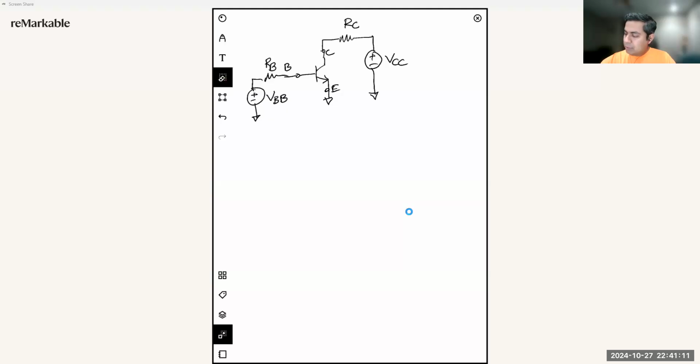When we are trying to simulate this, we are going to create this circuit. This is going to be a BJT.